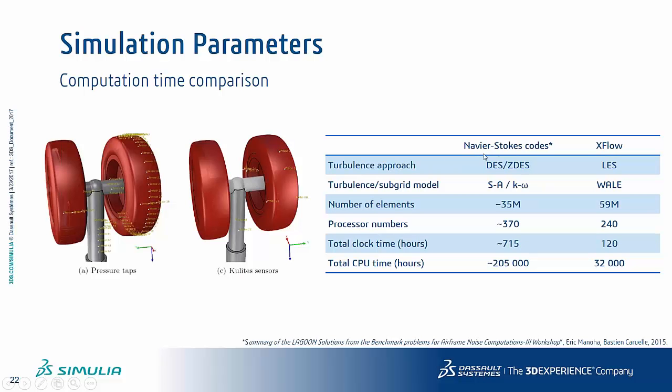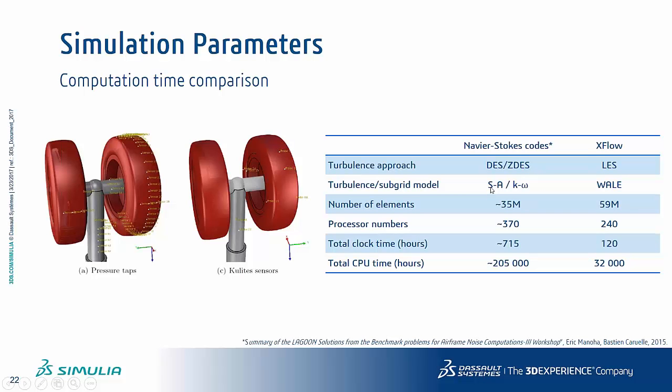So you see, for example, most of the Navier-Stokes codes were all using not even LES, but DES, okay, or zonal DES as well. DES is quite a lot cheaper in terms of computation than LES. So we are speaking about simulations not even involving LES yet. In our case, we are using LES with the wall-adapting local eddy model that I mentioned before.